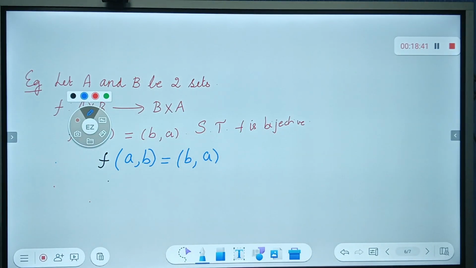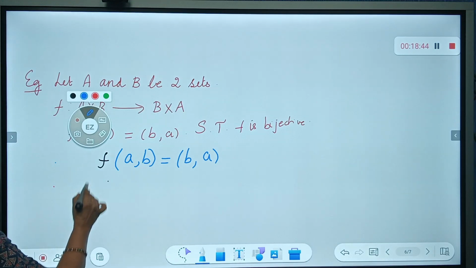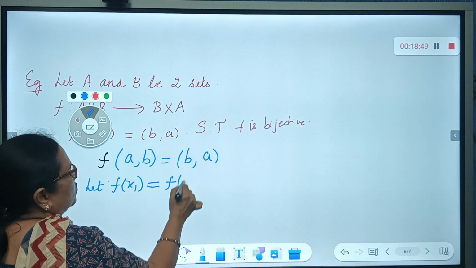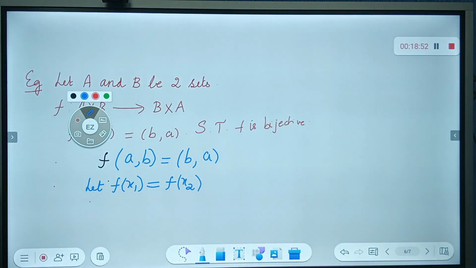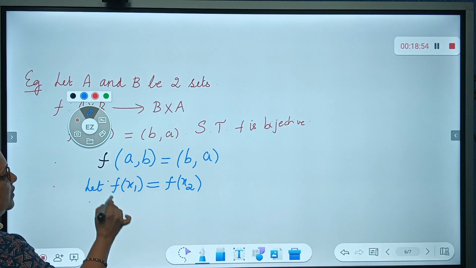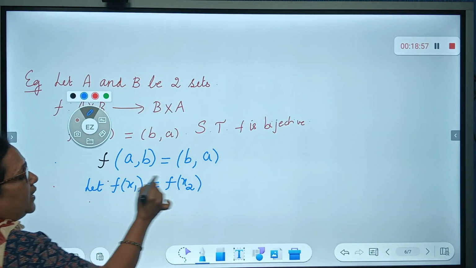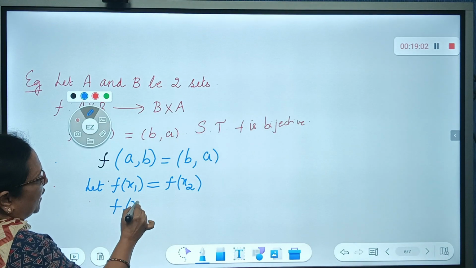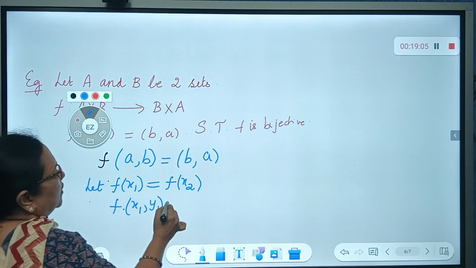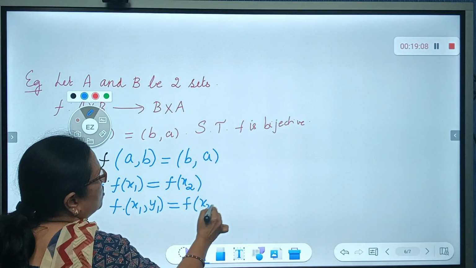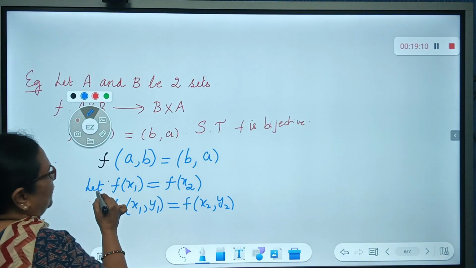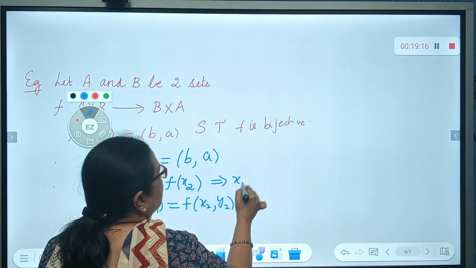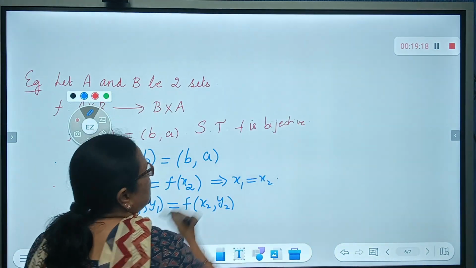Now let us verify whether f is 1 to 1. Let f of x1 be equal to f of x2. Here x1 is in the form of an ordered pair, x2 is also in the form of an ordered pair. So let f of (x1, y1) be equal to f of (x2, y2). I am just recalling the definition. For 1 to 1, if f of x1 equal to f of x2 implies x1 equal to x2, then f is injective.